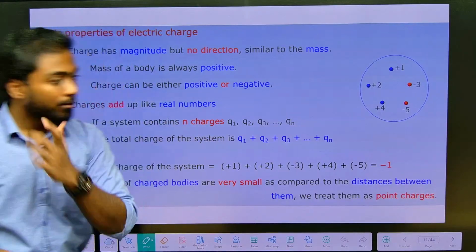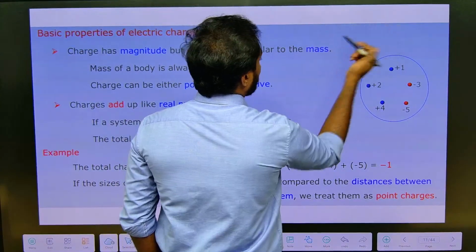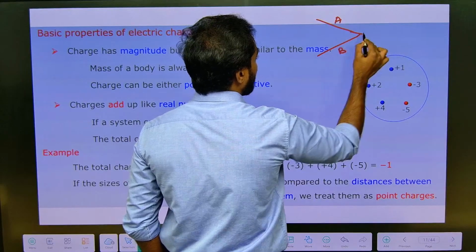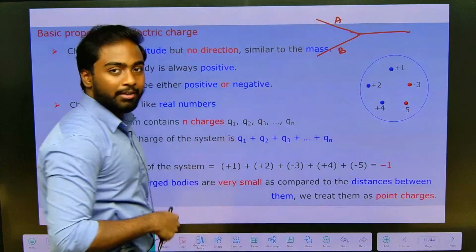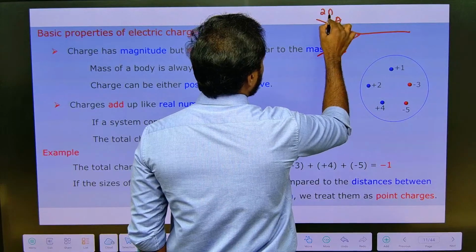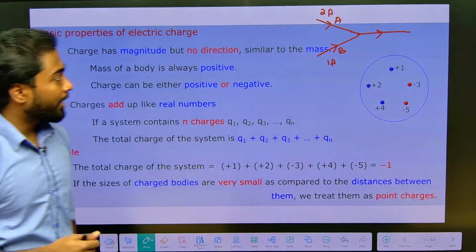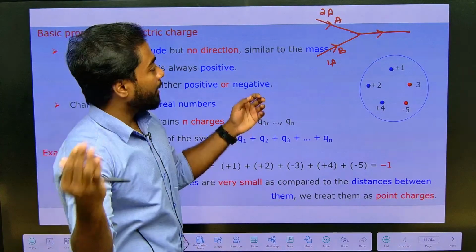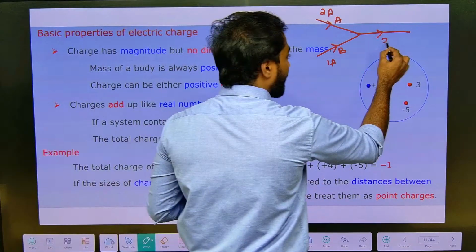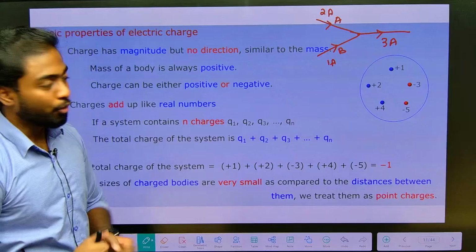For example, two wires, A and B, and the resultant wire is C. If the current coming from wire A is 2 ampere and from wire B is 1 ampere, what will be the current in wire C? The resultant will obviously be 3 ampere. I can't take vector addition or subtraction in these things.